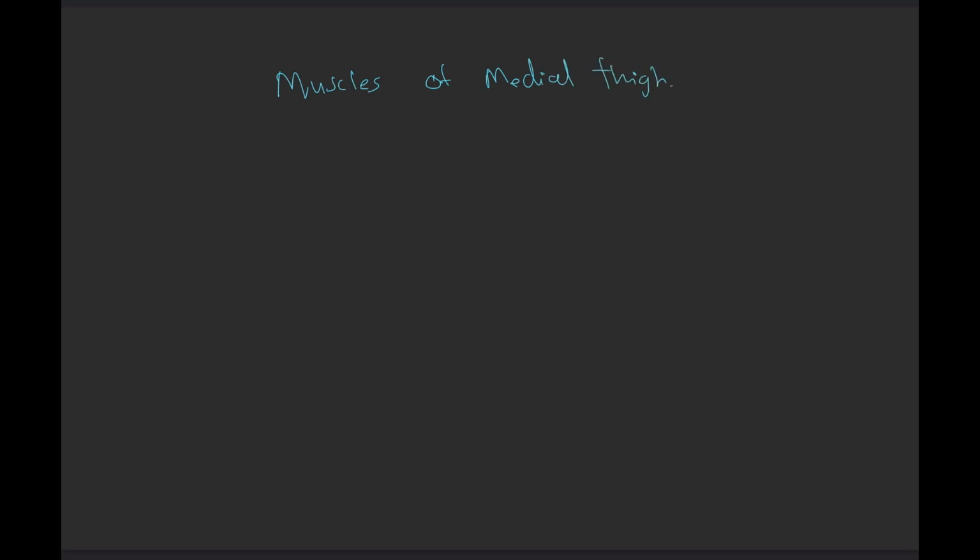There are basically 5 muscles, and to learn these muscles there is one mnemonic, which is GO AL AB AMS.